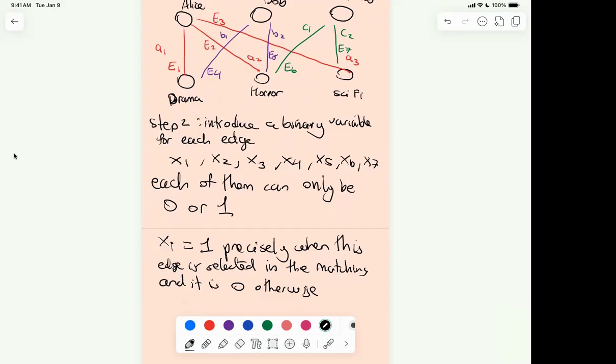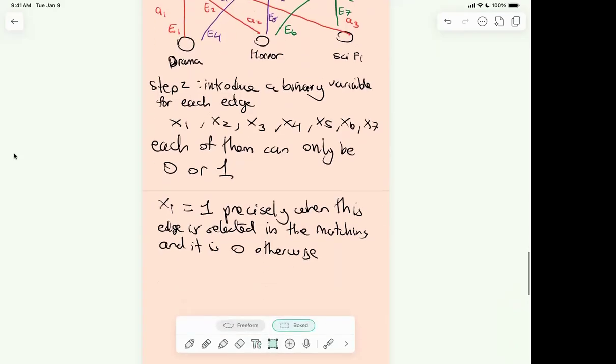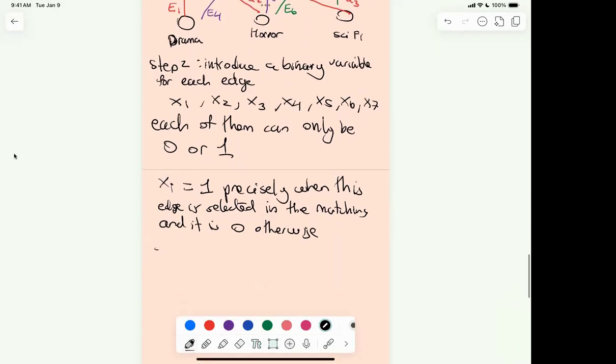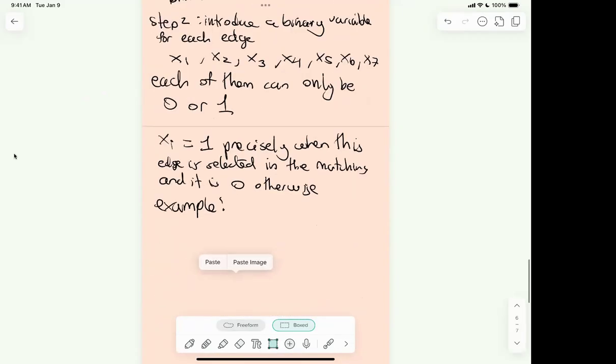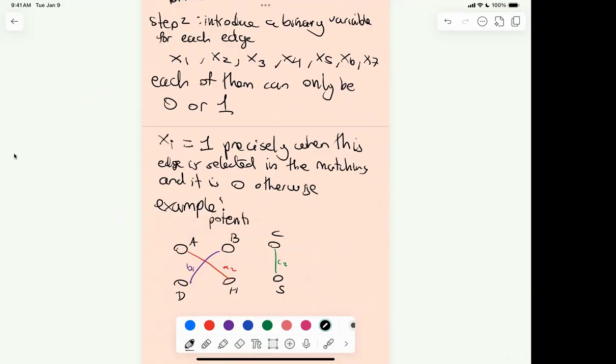For example, just to show you what I mean, in this end result that I said could have been a potential end result, if this had been the configuration that actually ended up working the best, what does that mean? That means that this was the second edge, if you remember.